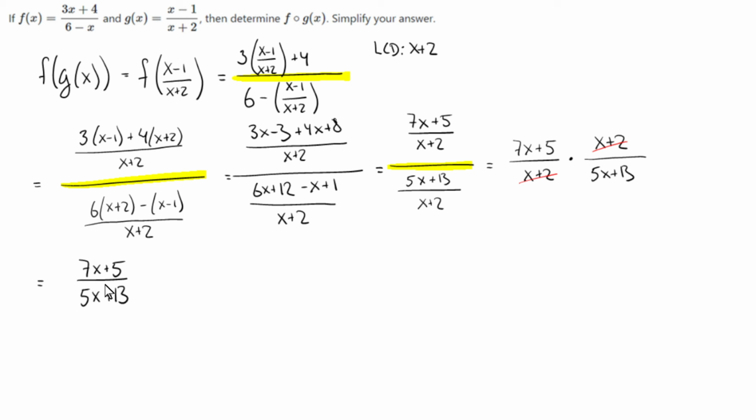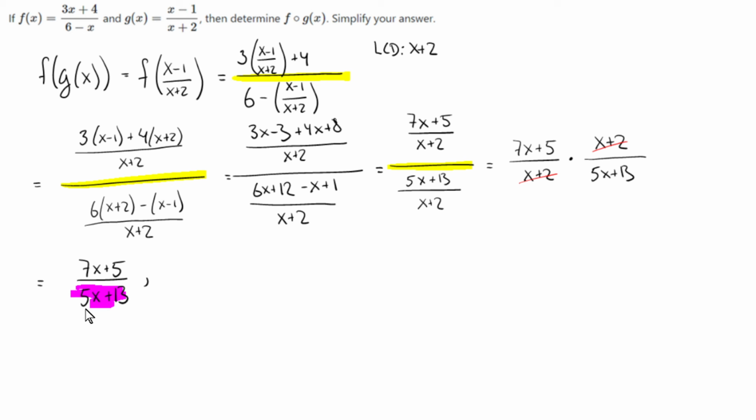The only thing we need to do before we wrap it up is identify the non-permissible values, because these are rational expressions. Okay, so there are a few here. We have 5x plus 13 here.